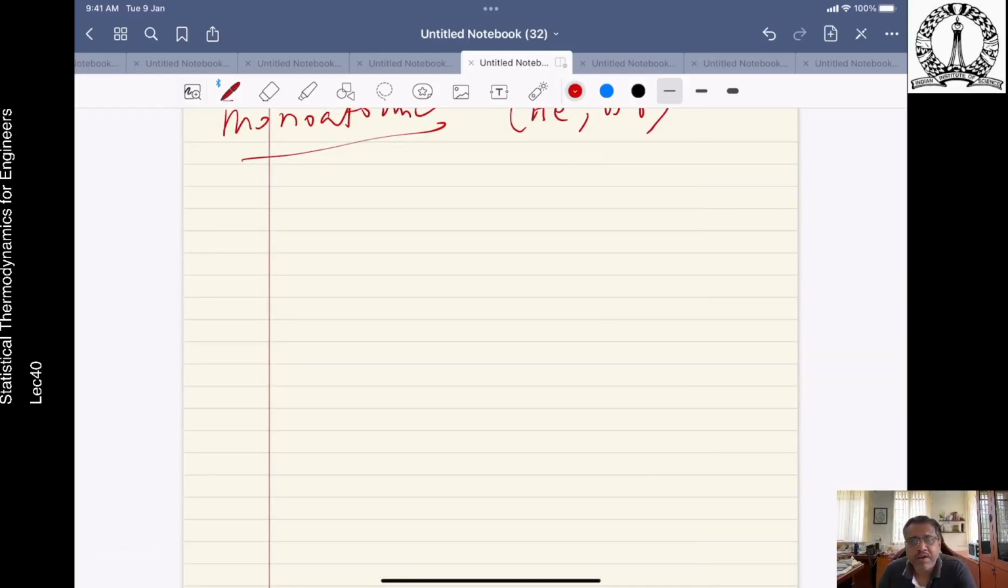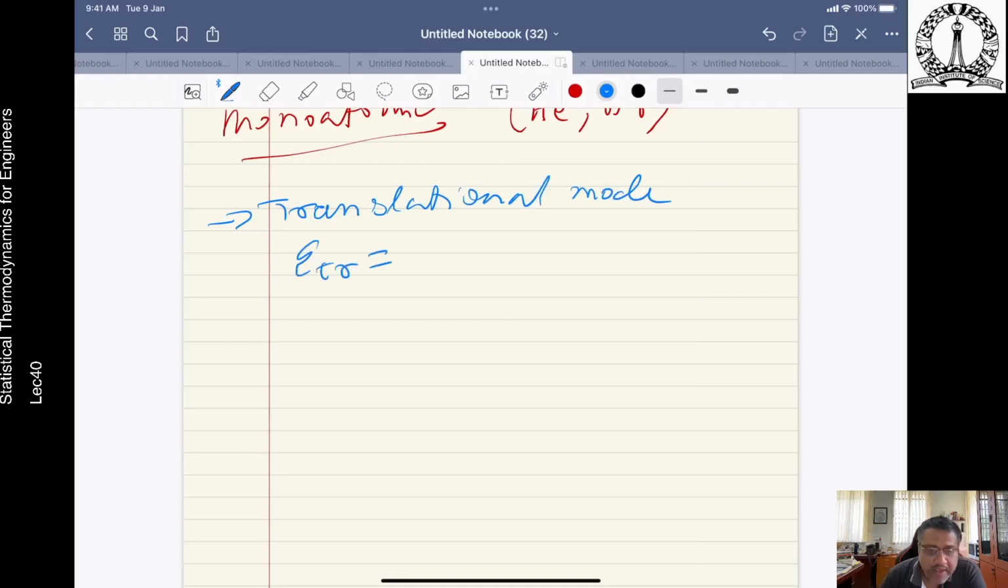Okay, so for a single gaseous atom, first let us look at the translational mode. Here the translational energy is h squared divided by 8 m V to the power of two thirds, times n1 squared plus n2 squared plus n3 squared.